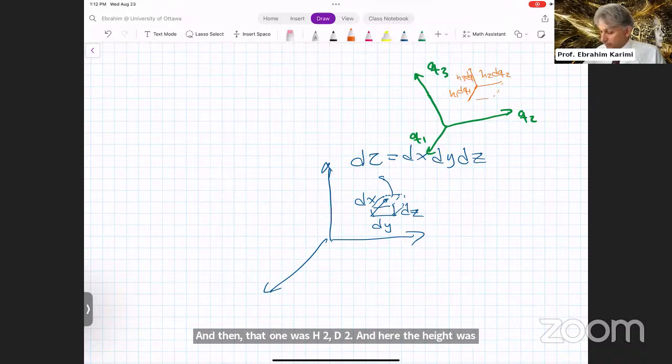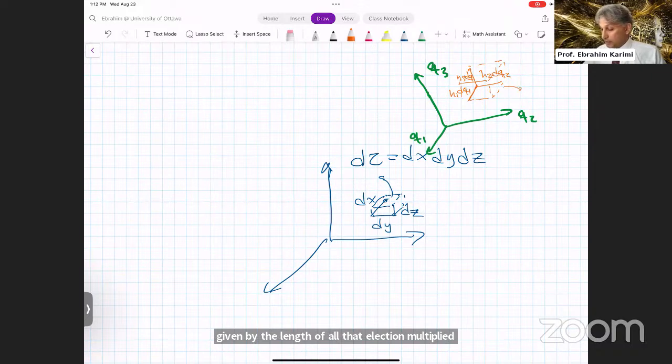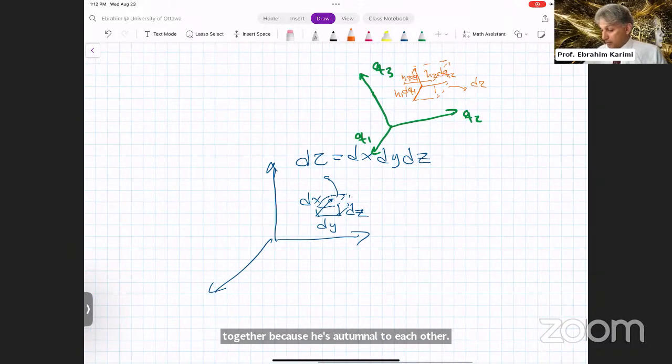So the volume that we created here is given by the lengths in all directions multiplied together, because they are orthogonal to each other. So d tau here is given by h1, h2, h3, dq1, dq2, dq3.